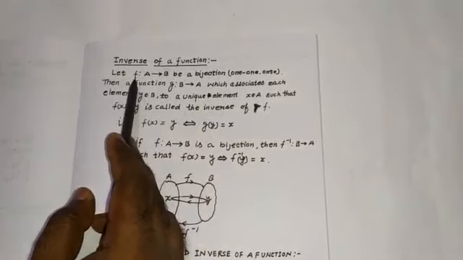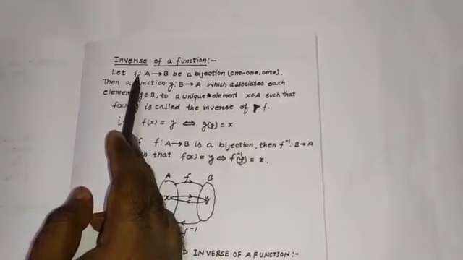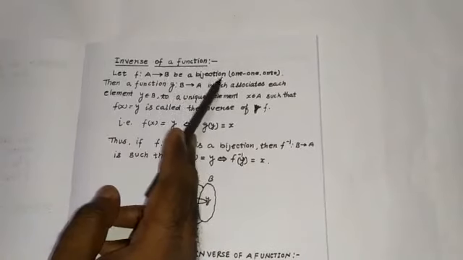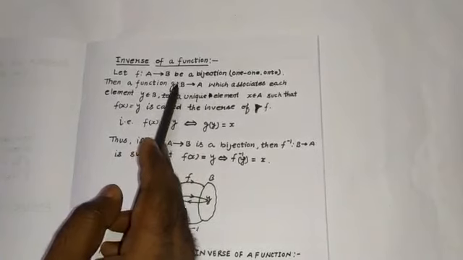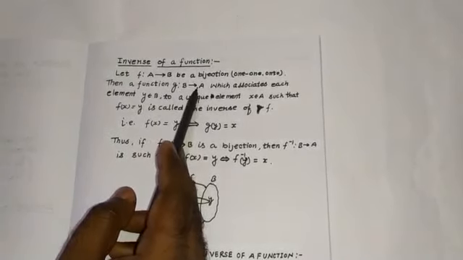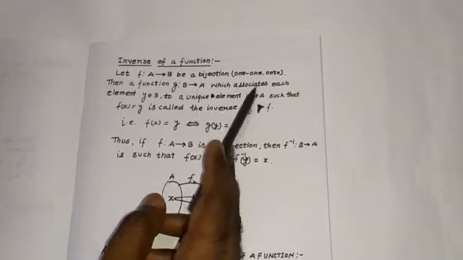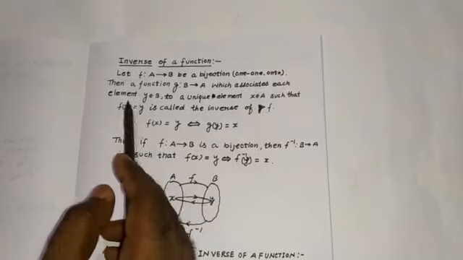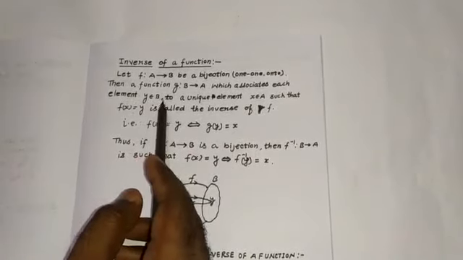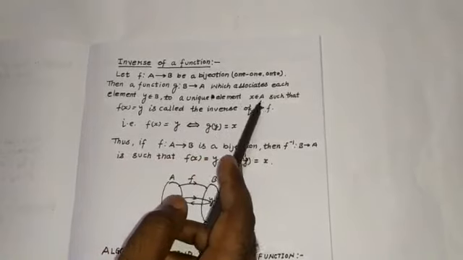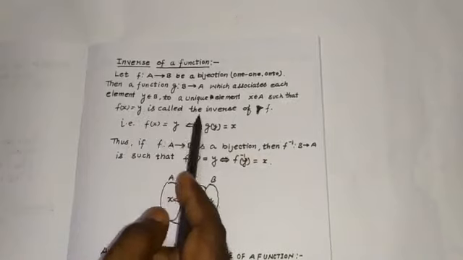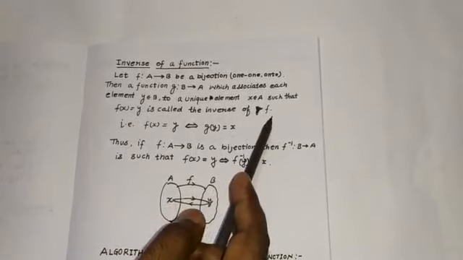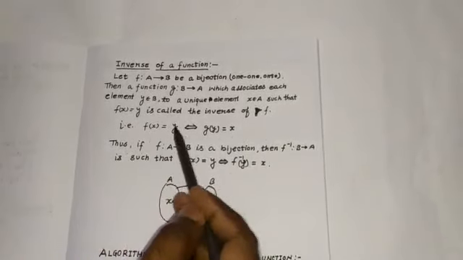So we have a function f from A to B which is a bijection, then a function g from B to A which associates each element y belonging to B to a unique element x belonging to A, such that f(x) equals y, is called the inverse of f. That is, f(x) equals y.